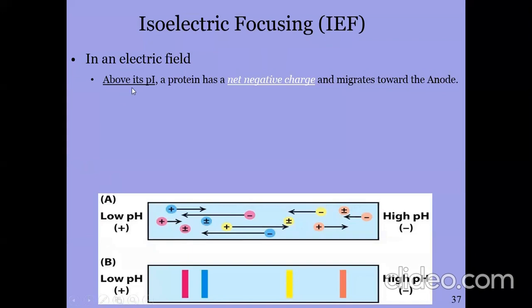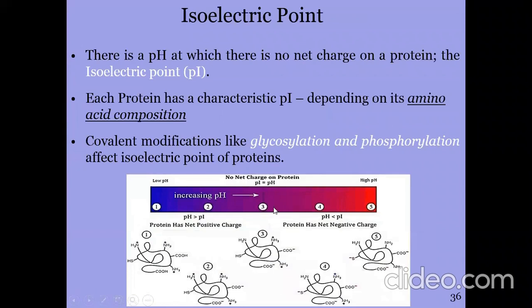Above its pI, the isoelectric point, a protein has a net negative charge, as we already talked about, and migrates towards the anode. If you can see here, above the pI they will have a net negative charge.